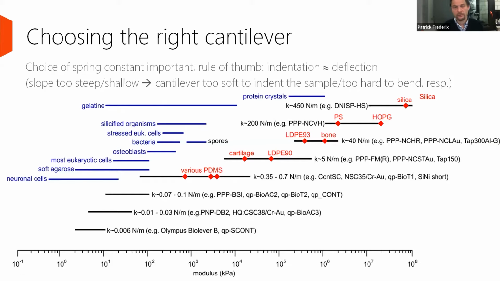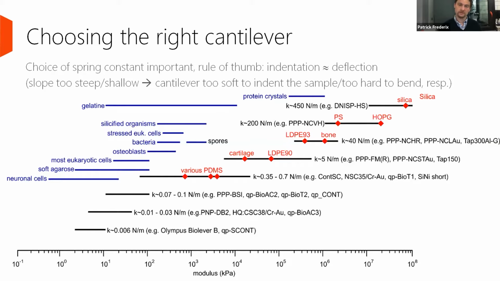Eventually, you will have to do an empirical test to check whether my indentation is approximately the same as my deflection. If the slope is much too steep or too shallow, it means that your cantilever is, in case it's too steep, too soft to indent the tip into the sample. Or if the force curve is very shallow, it means that the cantilever is so hard that it only pushes into the sample without being deflected.